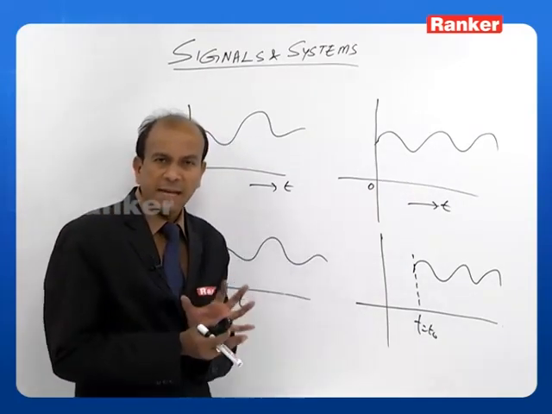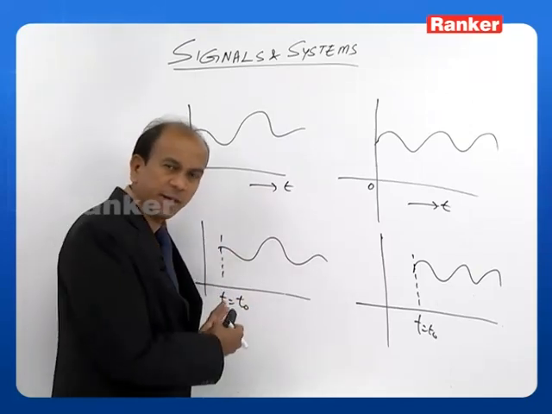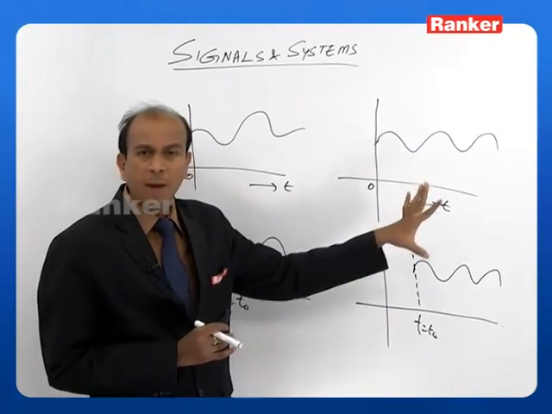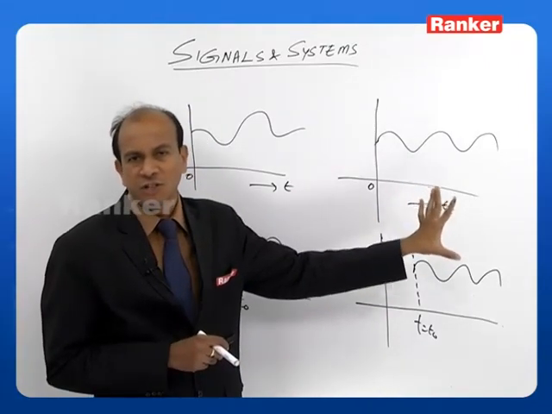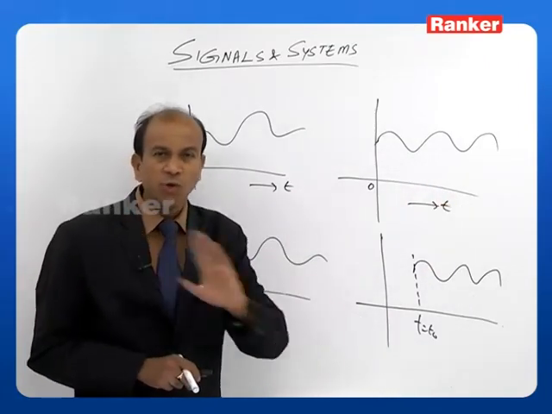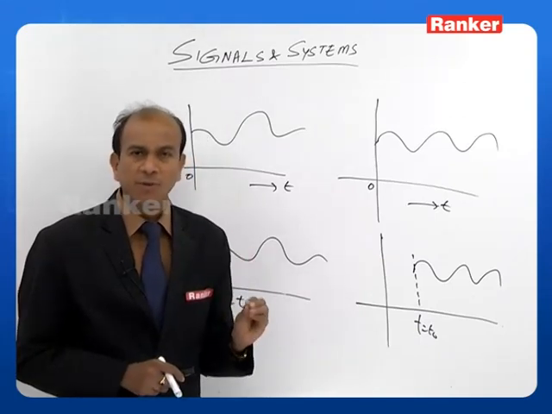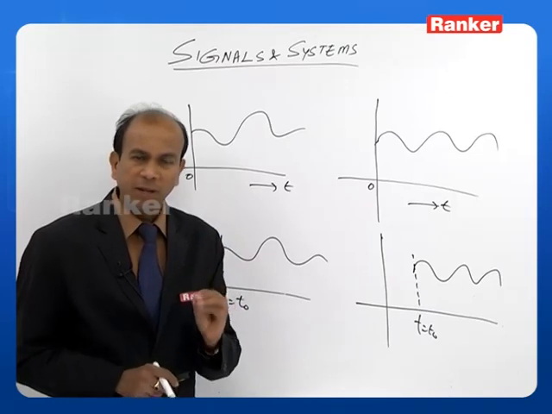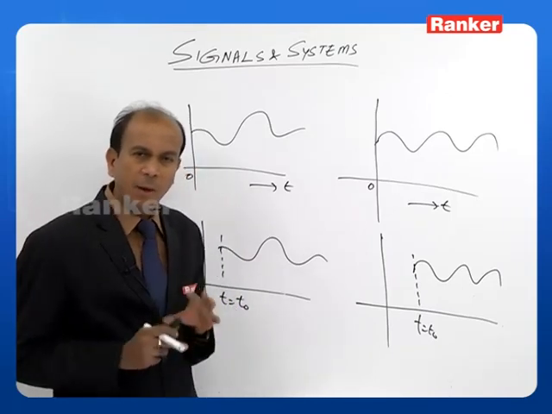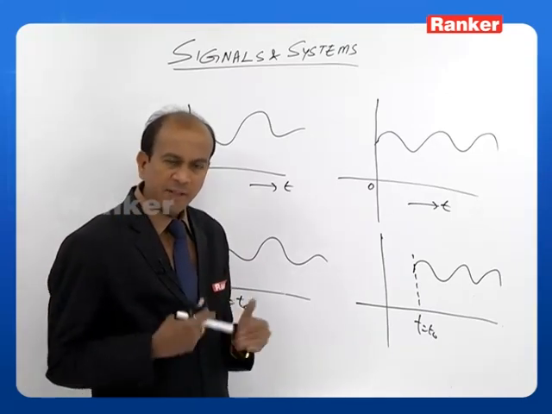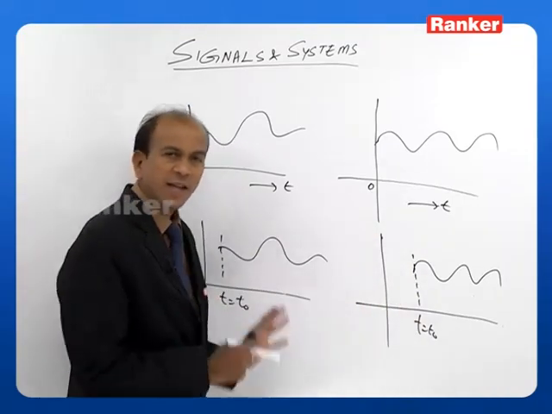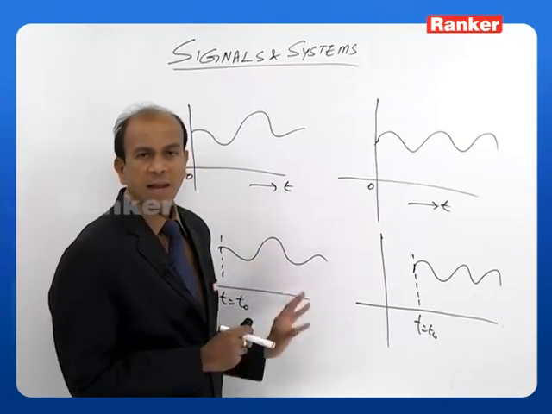So whatever is the delay in the input, the output also will have a corresponding delay, and remember the shape of the output is not changing. That means there is no change in the response of the output just because of a delay in the input. Even if there is a delayed input, the output essentially remains same, but the response will also be delayed. That is the only thing. That is why this is called a system which is time invariant.